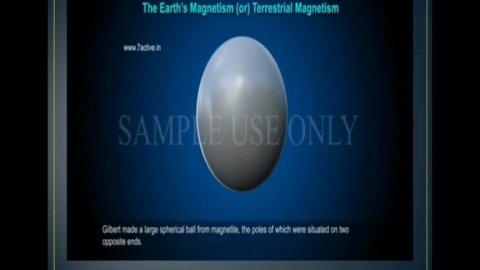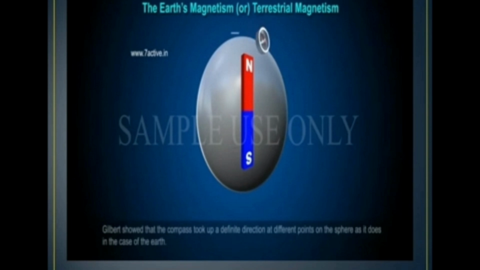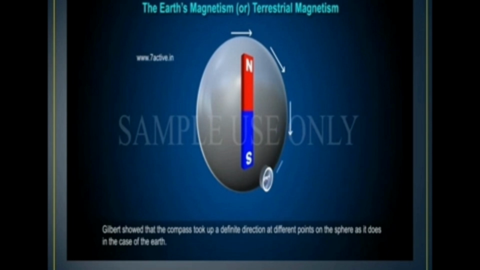Gilbert made a large spherical ball from magnetite, the poles of which were situated on two sides. By placing a small magnetic compass on the magnetized sphere, Gilbert showed that the compass took a definite direction at different points on the sphere, as it does in the case of the earth.